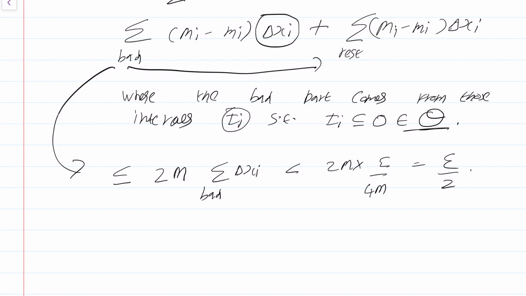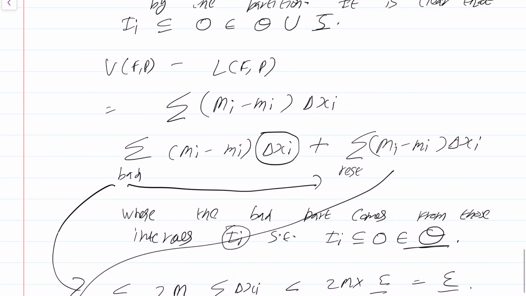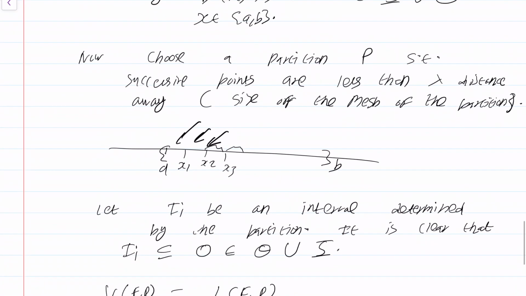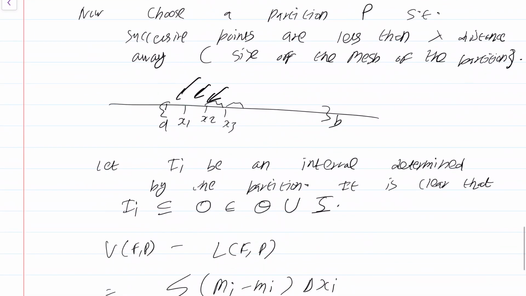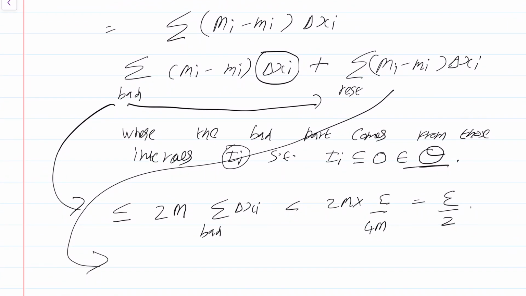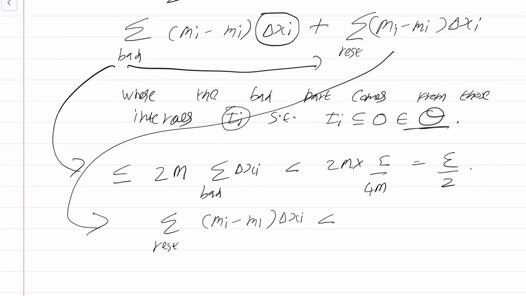Now for the rest of the terms, what do we know? We know that M_i minus m_i is certainly going to be less than 1 by k.